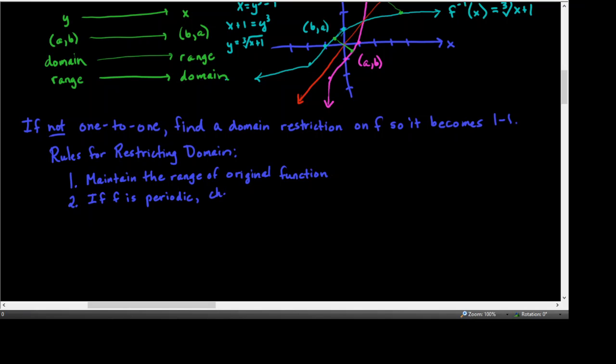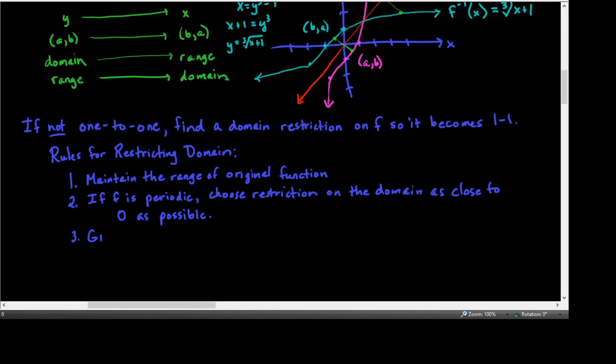We're going to choose a restriction on the domain as close to 0 as possible. Of course, you could go out to 100 pi, start there, but that's not actually going to be good. You want to stay as close to 0 as you can possibly get.